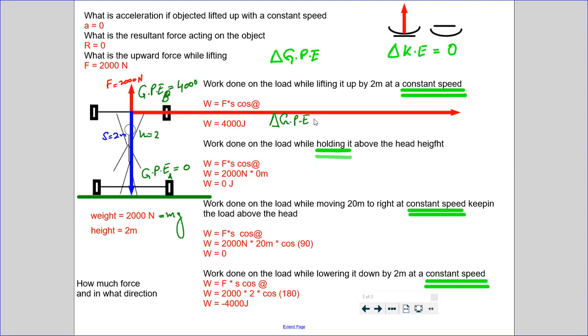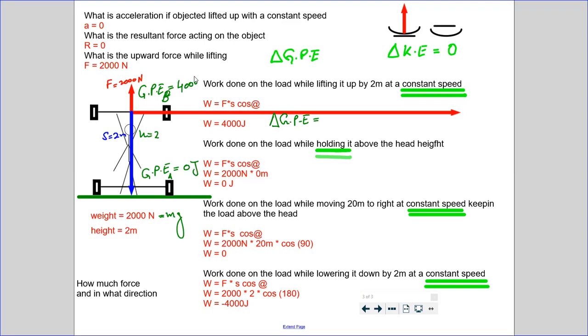What is the change then? That's right, Fatma. I said, what's the change? At A, it was 0 joule. At B, it has increased to 4000.